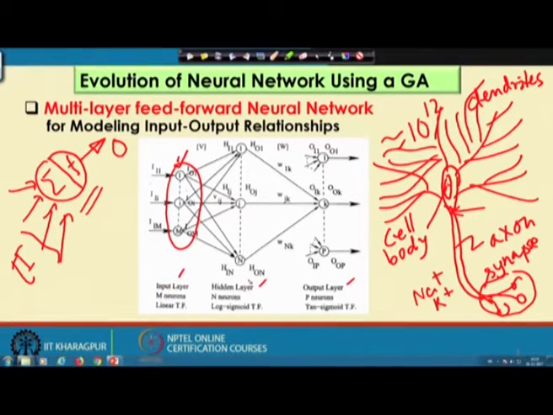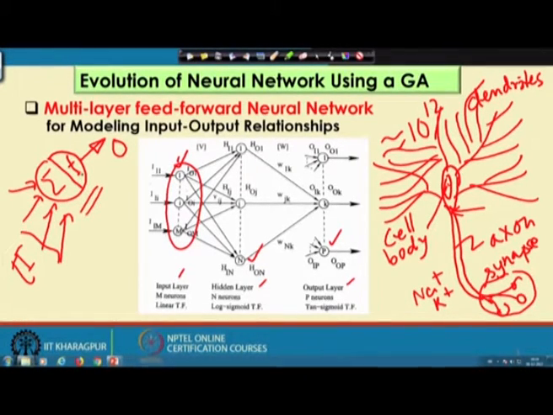Similarly, on the hidden layer we have capital N number of neurons, and on the output layer we have capital P number of neurons. As I told, in this multi-layered feed forward network we have only 3 layers: input layer, hidden layer and output layer. At each of these artificial neurons, we have the summing junction and the transfer function.